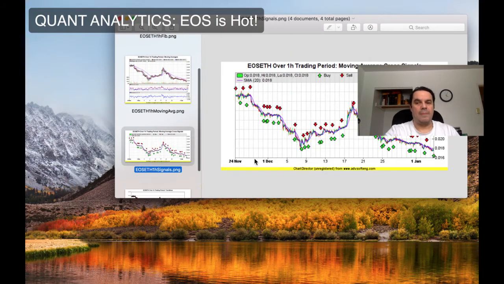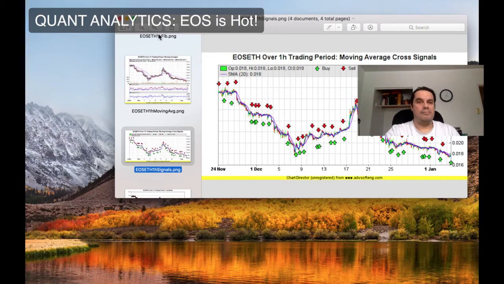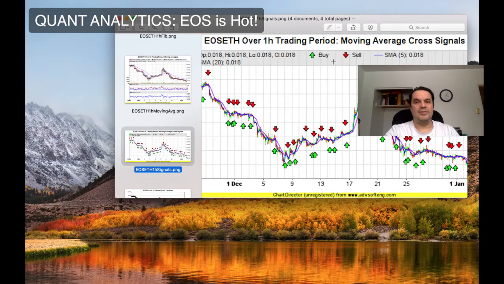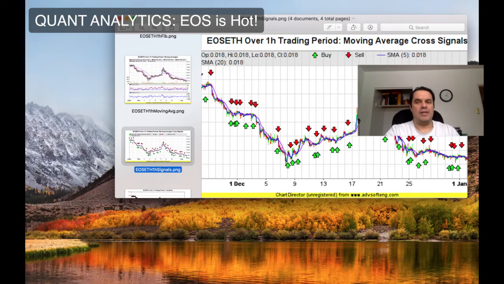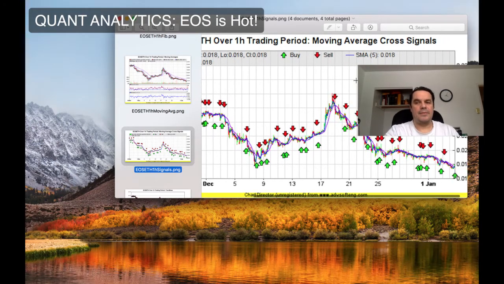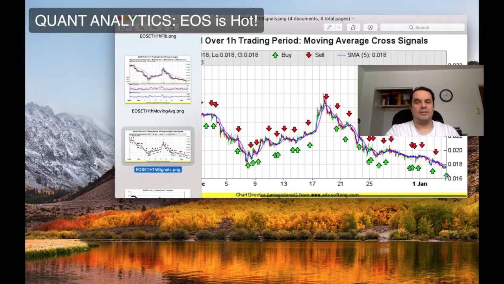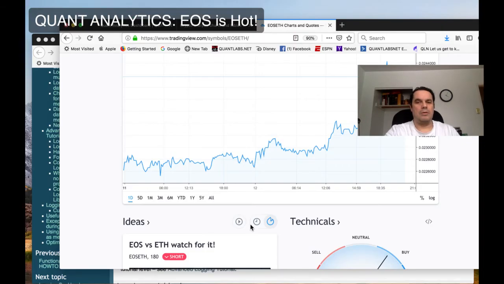This is again the classic moving average crosses, the buy and sell signals between SMA 5 and 20. You can see right here we got a buy signal. So this thing works good. And look at what happened.